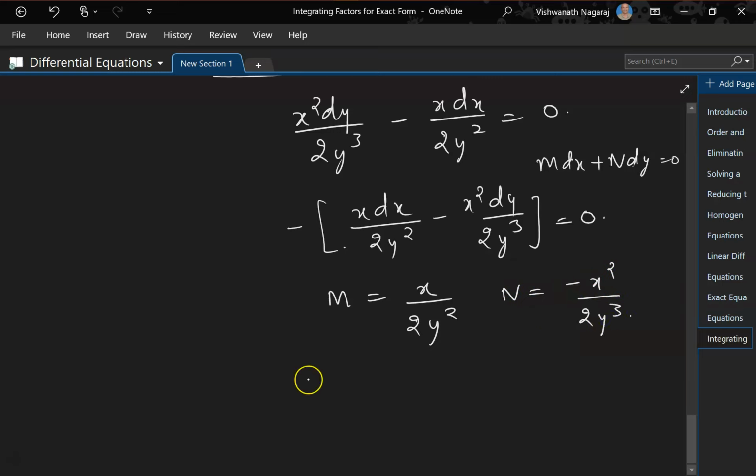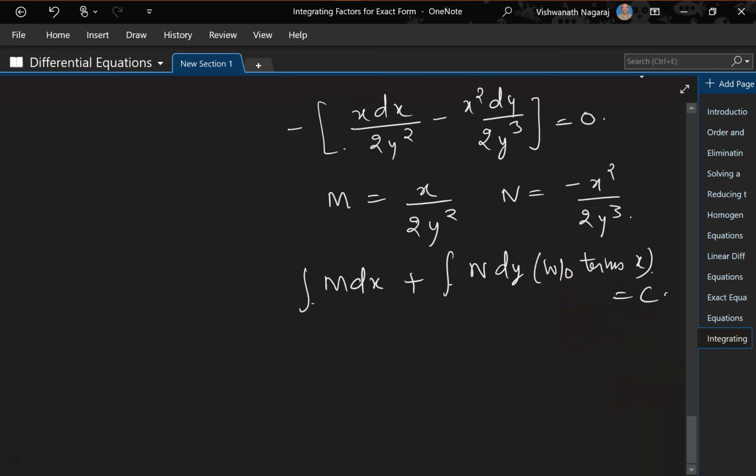Now straightforward: integral of M dx plus integral of N dy without terms with x equal to c, right? So now M dx, here y is constant, remember?